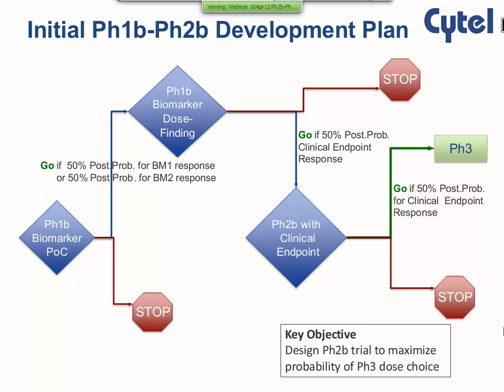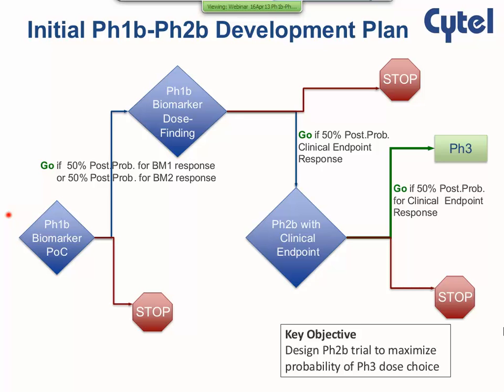So here's a schematic of their initial thoughts on the development program. They started with a biomarker POC trial on the left, and that was high dose versus placebo. And then there were some go, no-go criteria based on a Bayesian analysis of the data to compute posterior probability of response for 2 biomarkers that they were considering using.